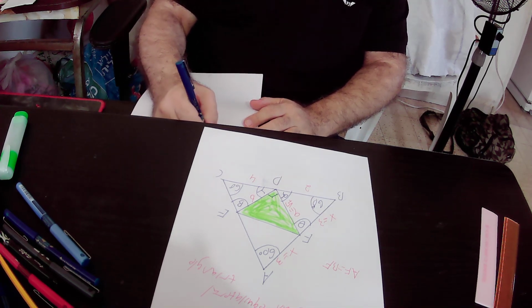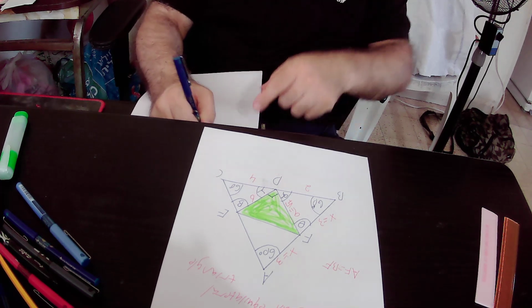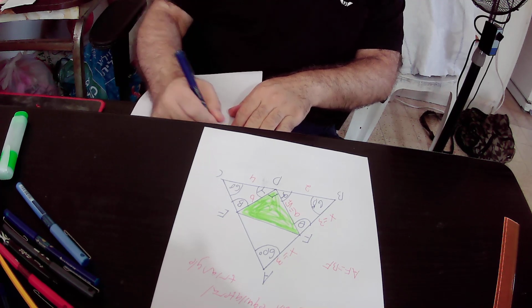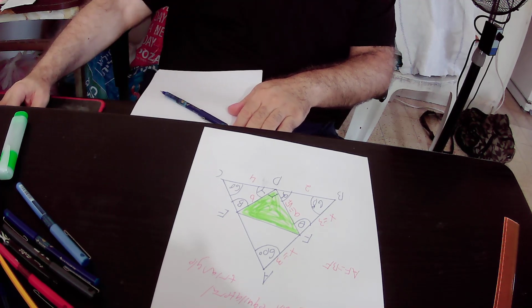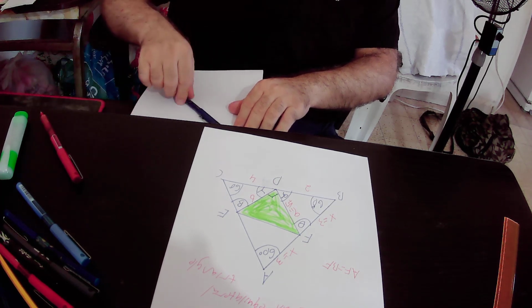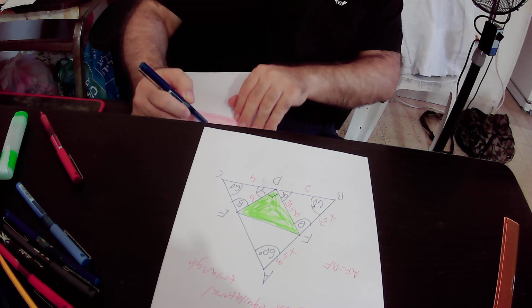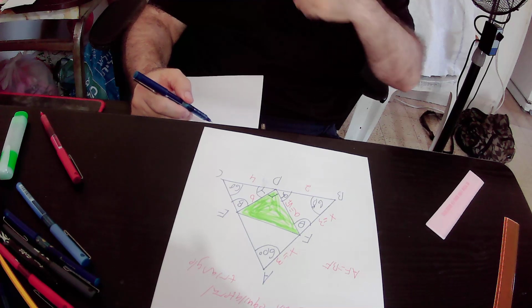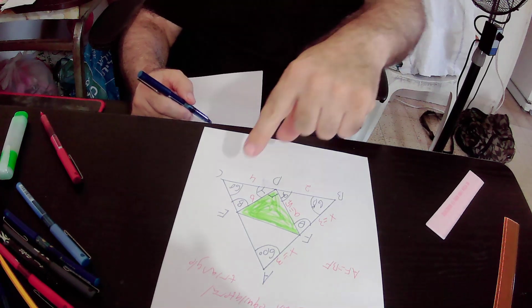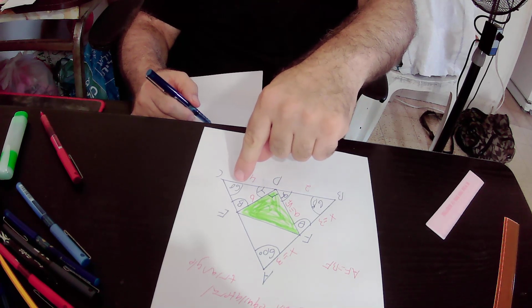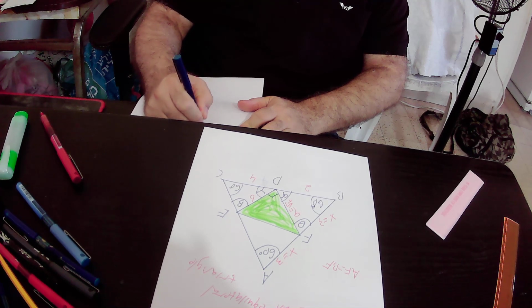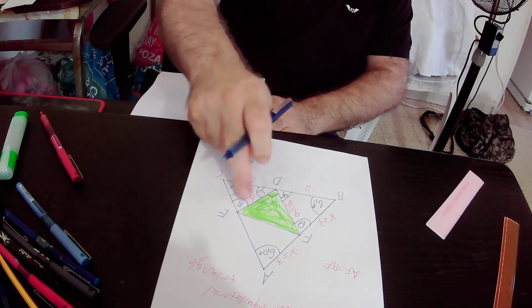In triangle DEC, this triangle, according to the law of sines, dB over sine 60 degrees equals dC over sine beta.